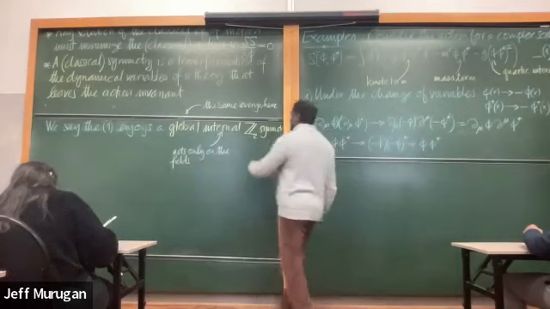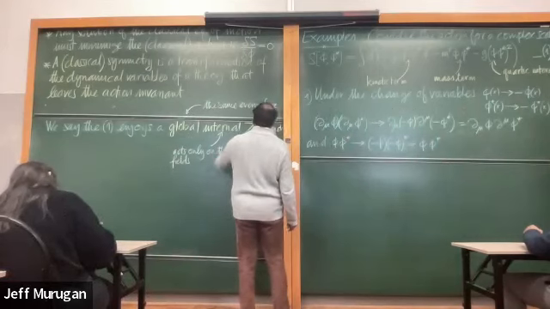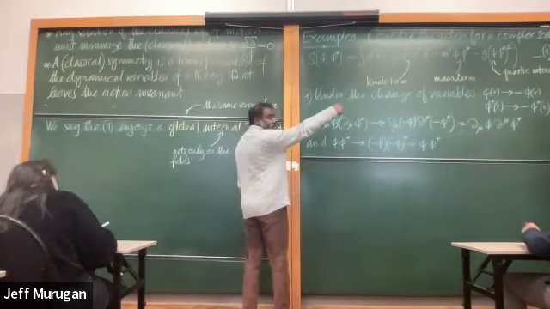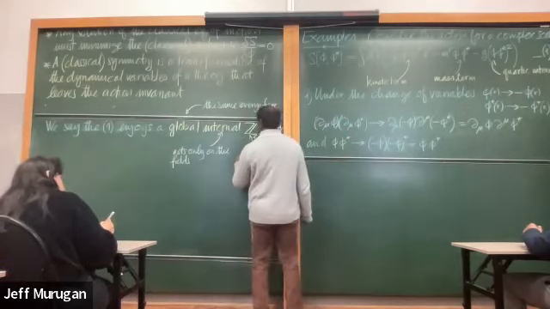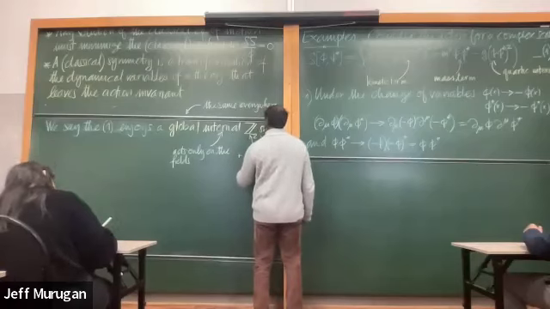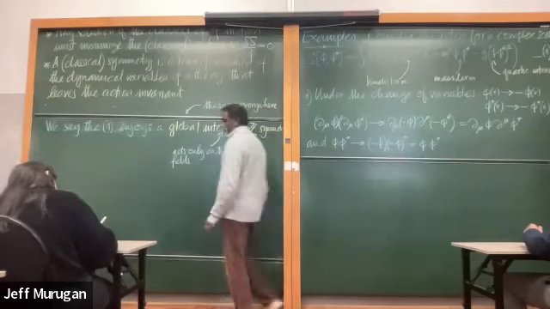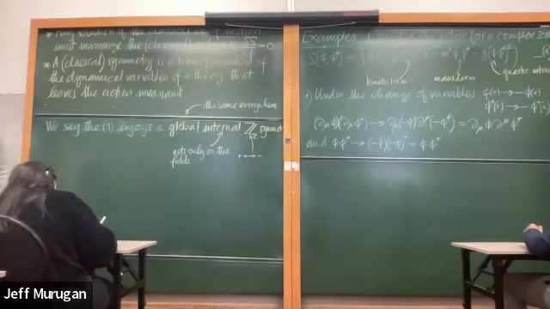Okay. And Z2 is the discrete group 1 to -1. Okay. So this is the set of two elements.